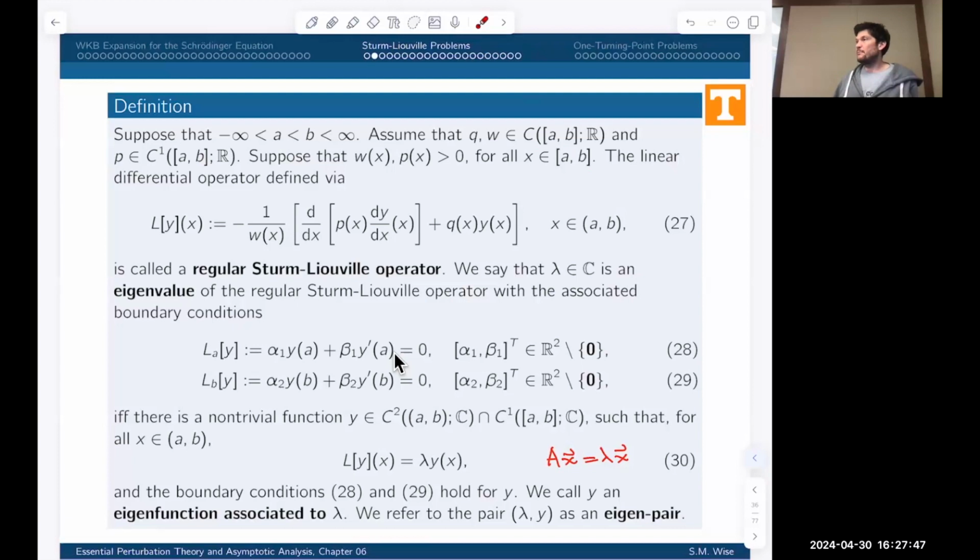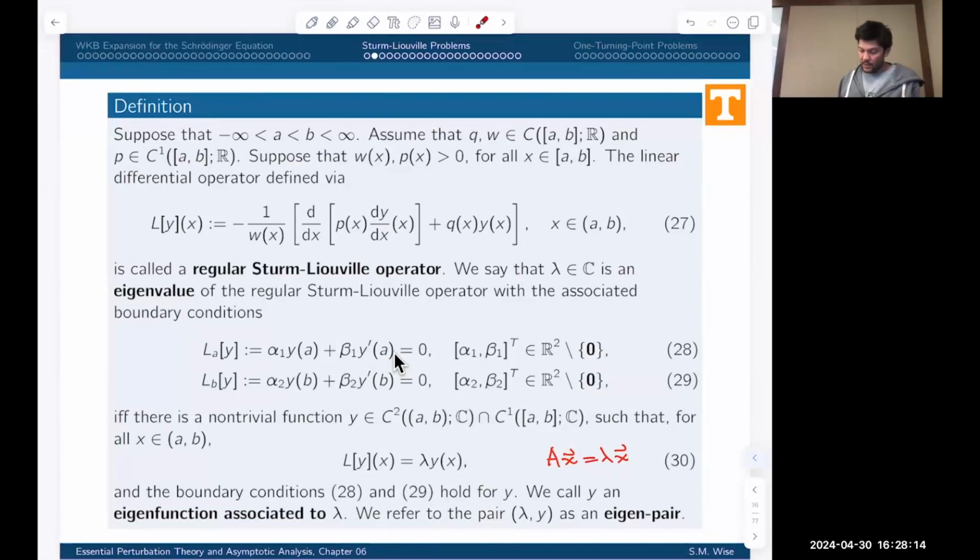And in fact, when we meet the quantum harmonic oscillator problem, we're going to see a Sturm-Liouville problem which is what we call a non-regular Sturm-Liouville problem. Regular simply means that these functions p, q, and w are fairly nice, and the problem is posed on a finite interval.